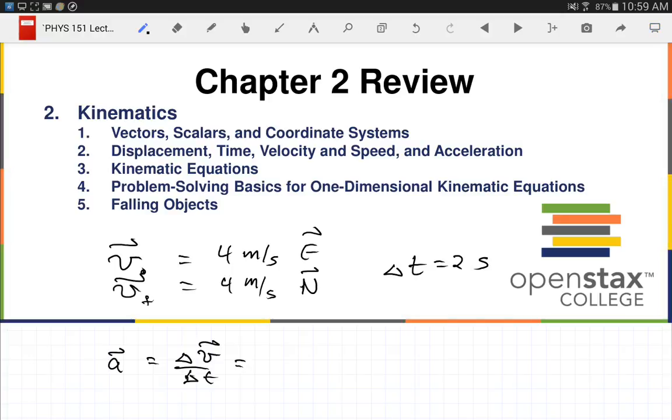And how do I plug in my numbers to that equation? Divide by 2 seconds. I assume that for you. That's correct. How do I subtract east from north?